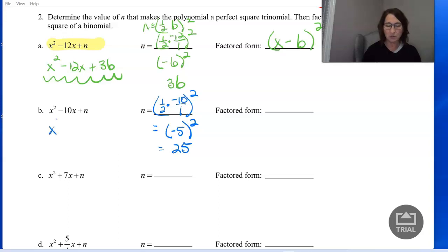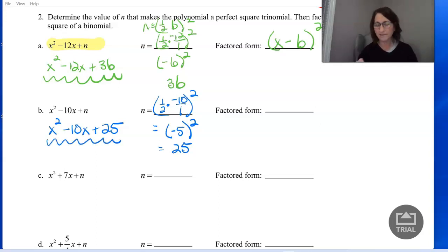So my perfect square trinomial is x squared minus 10x plus 25. In factored form, this perfect square trinomial is going to be x minus 5 raised to the second power.